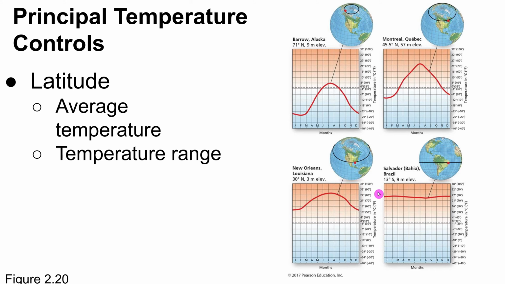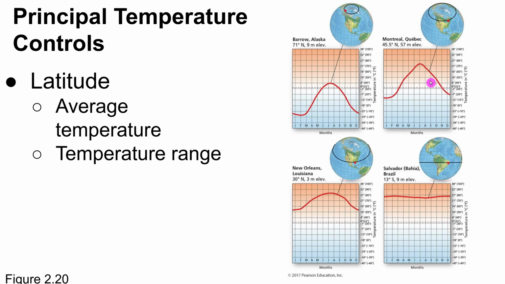So looking at the tropics, Salvador in Brazil, 13 degrees south, you can see the average temperature looks like it's maybe 76, 77 degrees, and they have a range of 4 or 5 degrees over the course of a year. As you get farther away, at 30 north, New Orleans, the average is lower and the range is higher.